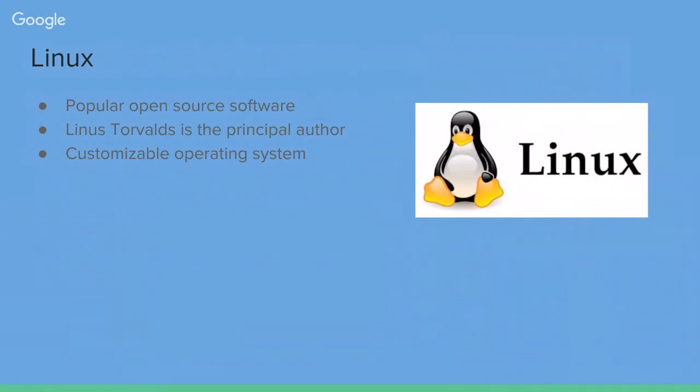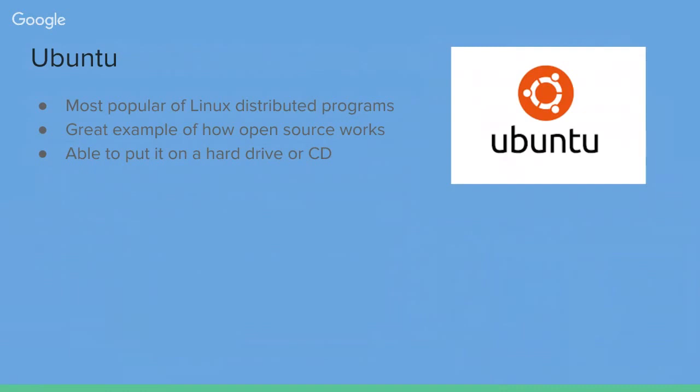Linux. Linux is a very popular open source software. Linus Torvalds is the principal author, and it is popular because it's a very customizable operating system for your computer, and it's used by a lot of different people, and a lot of derived works have come from this. Ubuntu is derived from Linux. It's one of the most popular. Distro is the lingo they use. It's a distro of Linux, and it's a great example of how open source works.